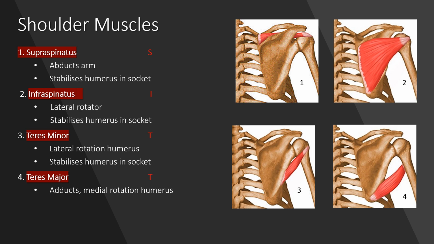Because this one sits on the front of the humerus, when it contracts, it rotates and brings the arm forward, medial rotation, and an adduction, which means that it brings it in to the middle of the body. So the teres major is an adductor and a medial rotator, unlike the teres minor and the infraspinatus.